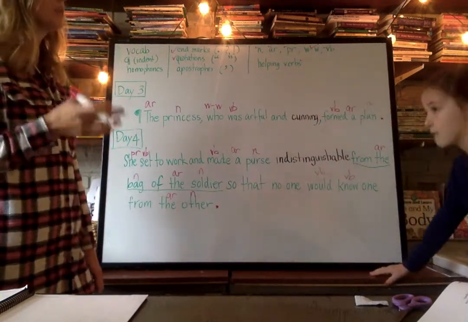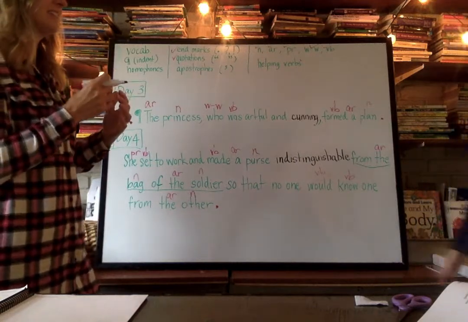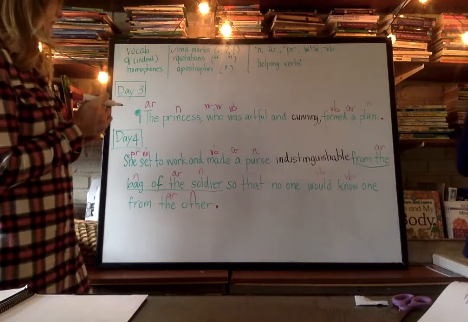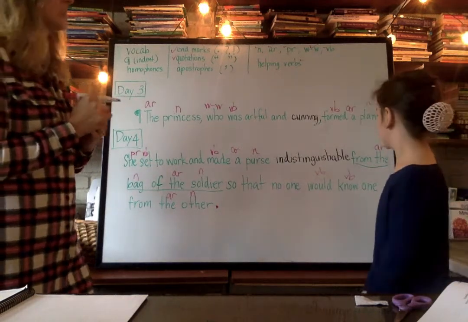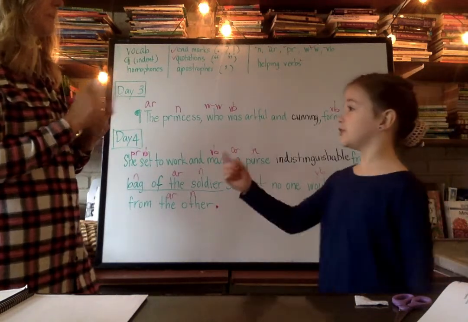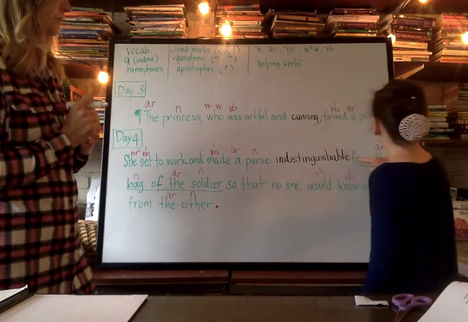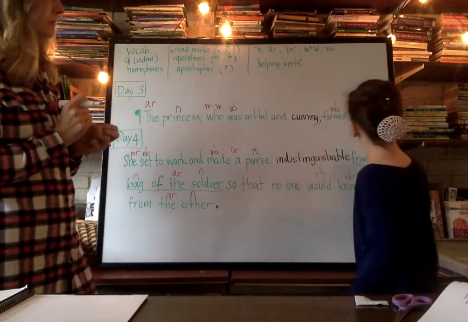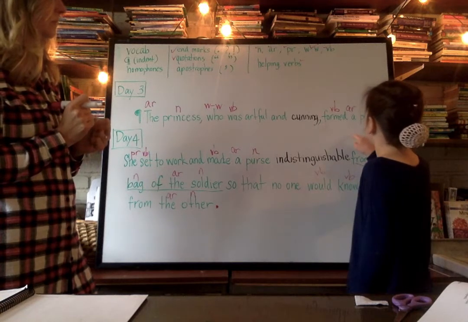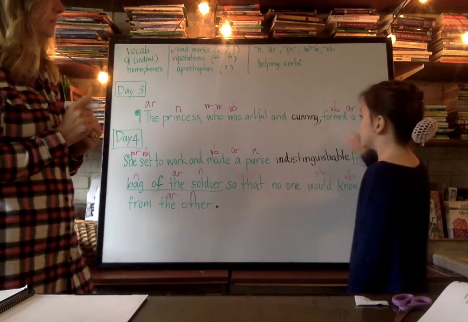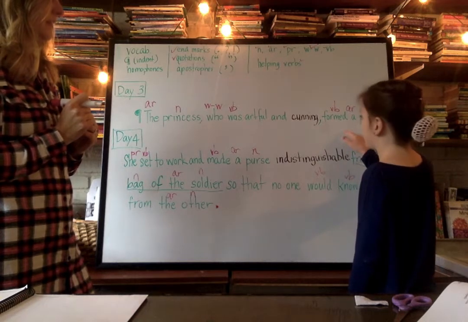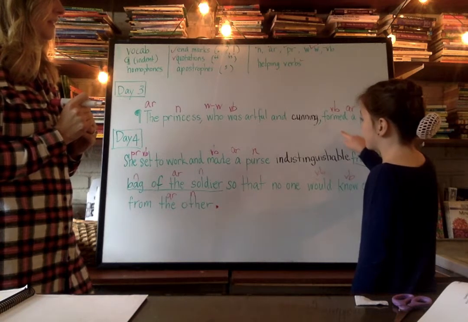Okay, so how could we fix that and use an apostrophe to just make this a better sentence? Instead of saying from the bag of the soldier, what could we say? You could just tell me. Mark that out. Okay. And mark that out, and you mark that out, and then you put from the bag, from the soldier's bag.